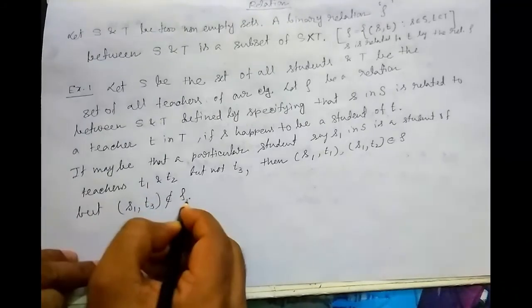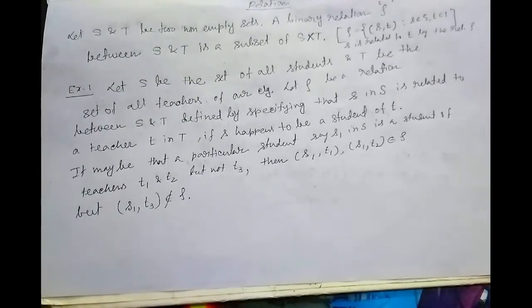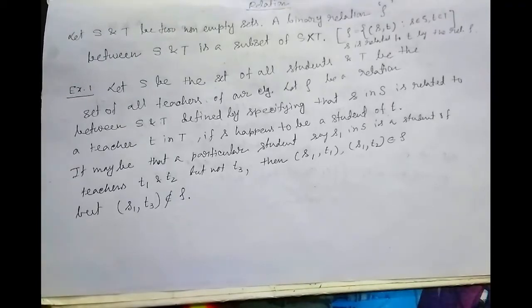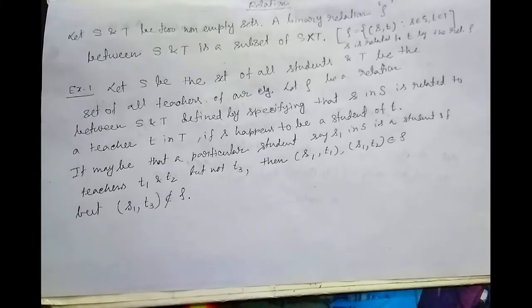Okay, so we have to clear our concepts. If S is a student of T, then the ordered pair (S, T) is one of the elements of rho. Rho is a subset.